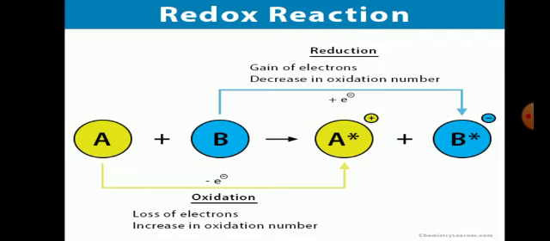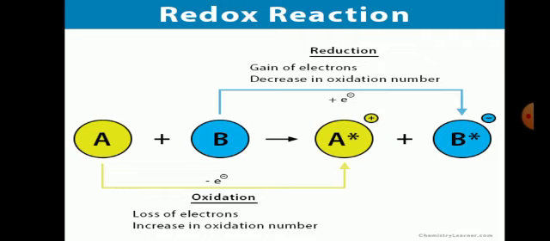And in reduction, the oxidation number or the oxidation state gets decreased as you are reducing the number of oxygen. While in oxidation, the oxidation number or oxidation state gets increased as you are adding oxygen in the oxidation process.